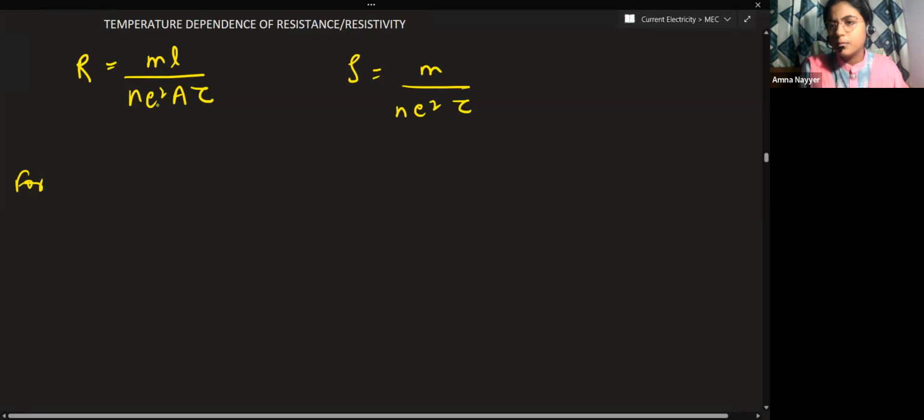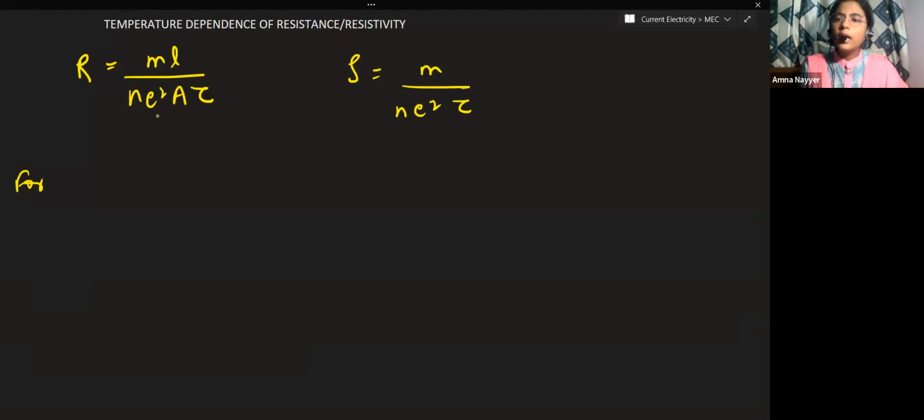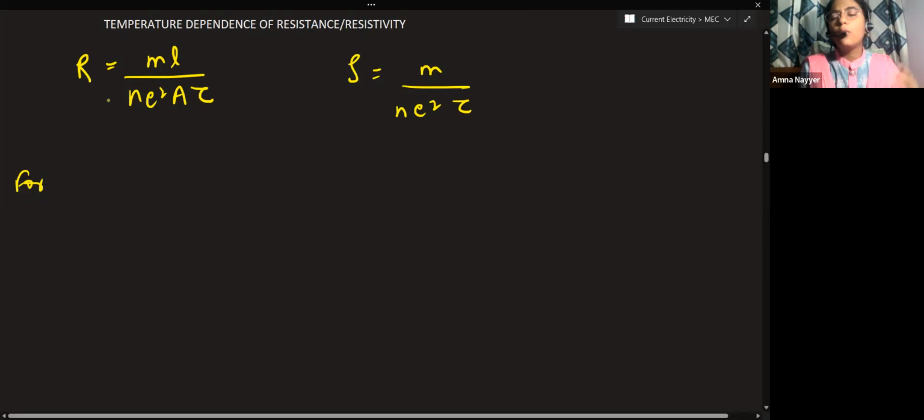Otherwise, rest of the terms are the same. If I say both L and A are constant, then resistivity will be depending on the same factors as resistance. Just the difference of L and A comes. So if length and area are constant, then the difference between resistance and resistivity will vanish.